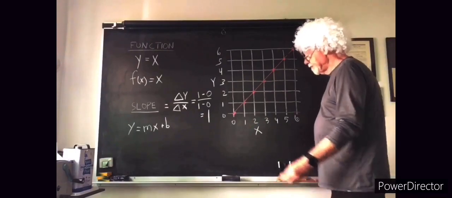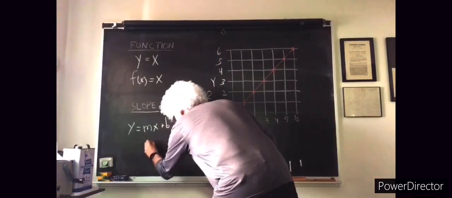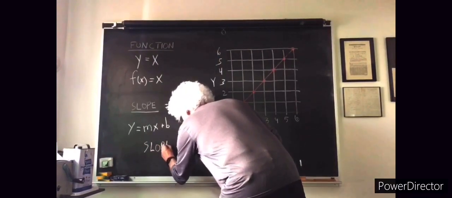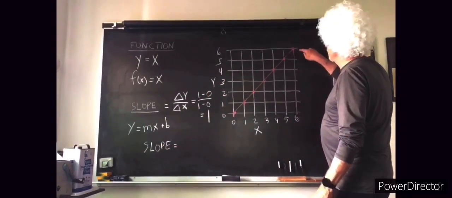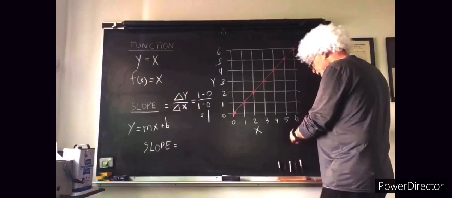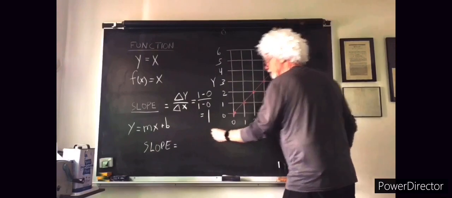And, well, let's just do another slope of this plot. Let's do 6. Well, the change in y is 6 minus 0.